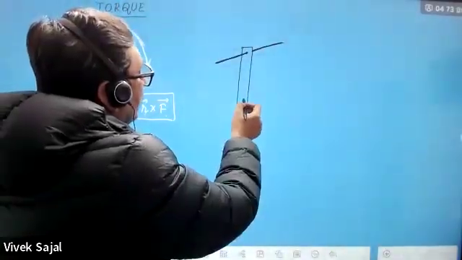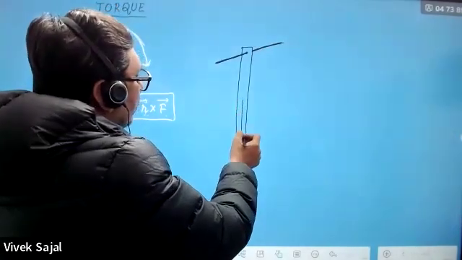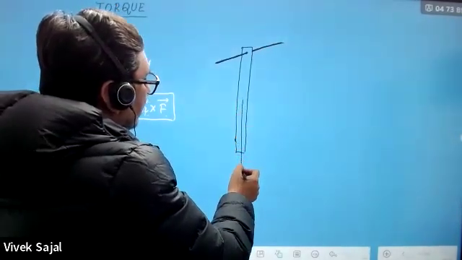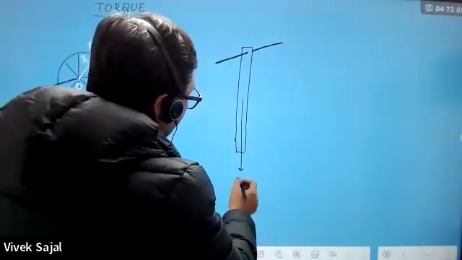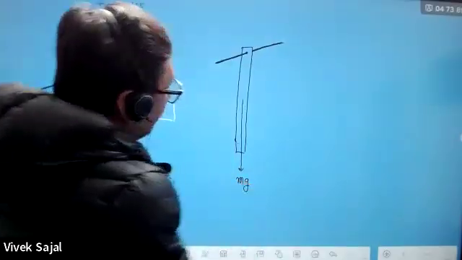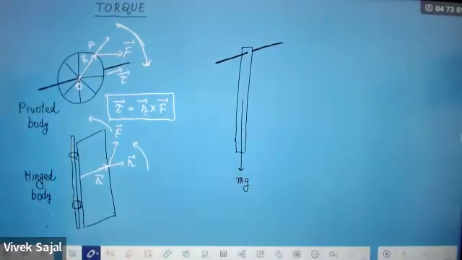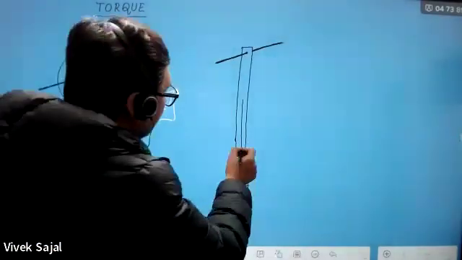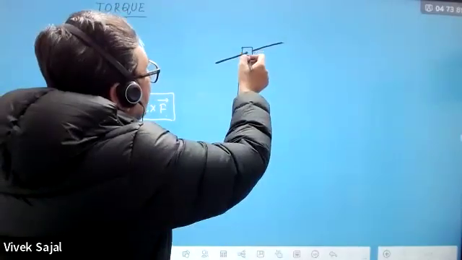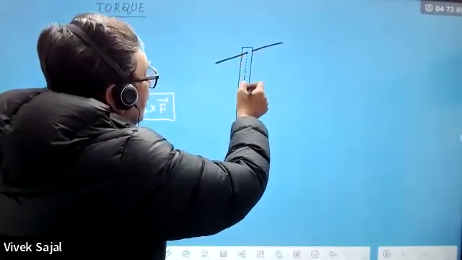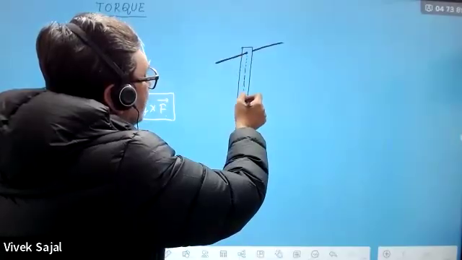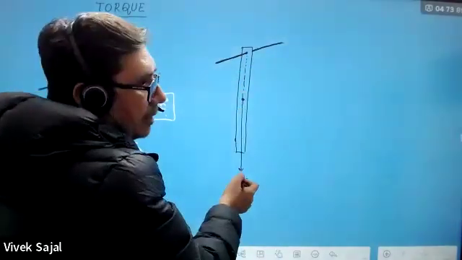Where its weight is going to act, okay, it will be like this. Its weight is acting in the downward direction. So if you apply a force over it, try to understand, weight is acting here, but that is passing through it, so R cross F will be 0 for it. Its center of mass is here, weight is acting like this.